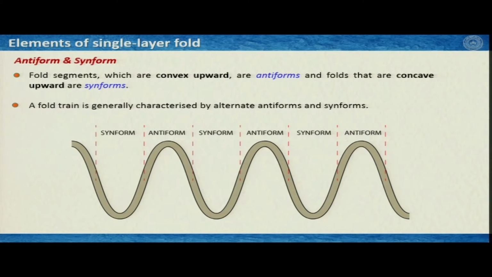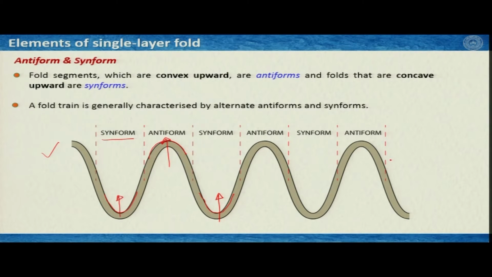As you can see in this illustration, this is a concave side and this concavity is upward. So, as per definition, this is synform. Here this is convex and the convexity is upward, this is antiform. Here again this is concave, concavity is upward, this is synform, and so on.